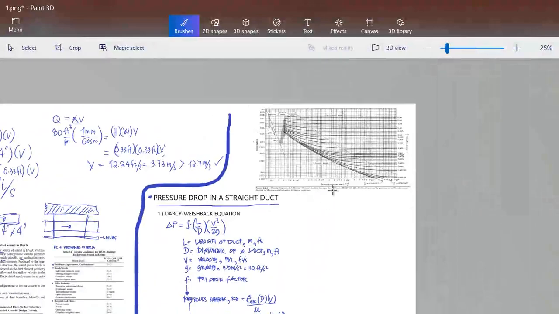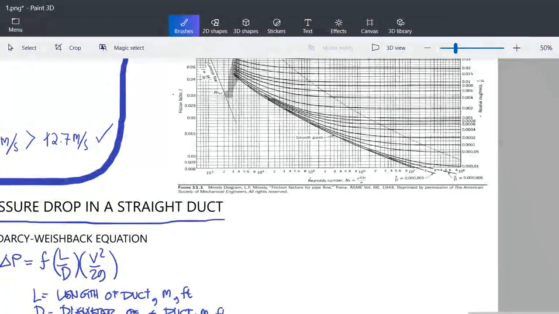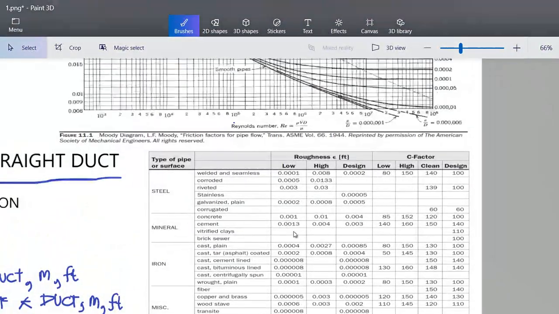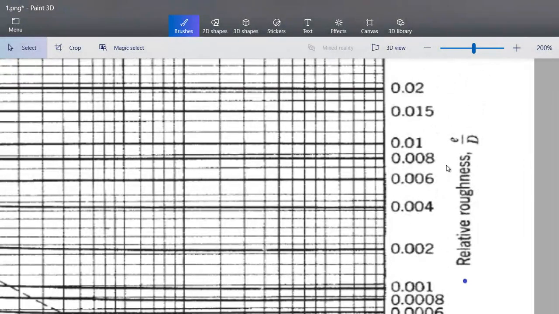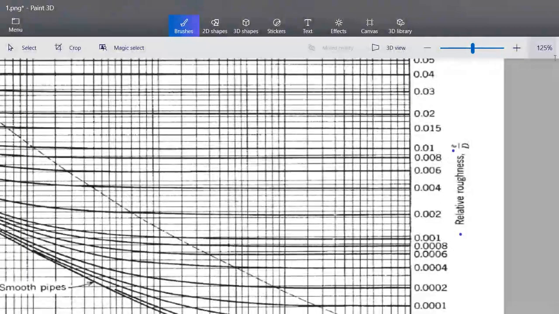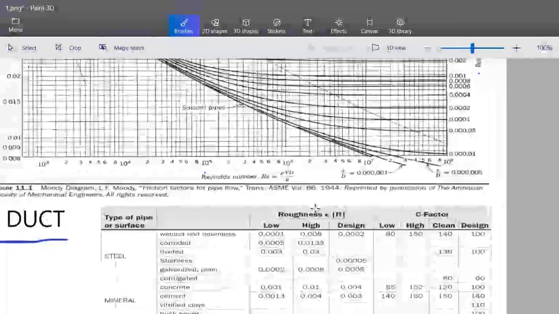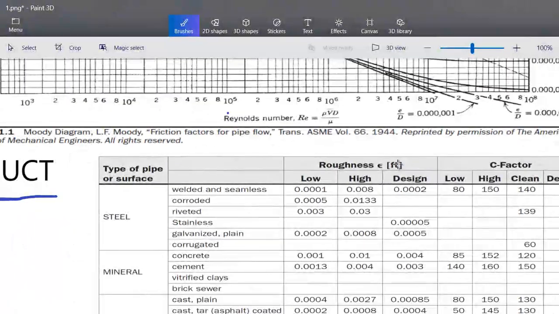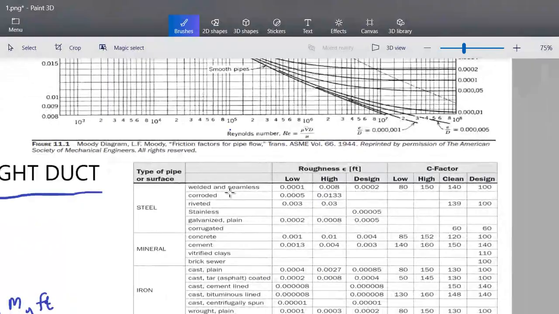Right? Now, for the value of your E, makukuha dito. So this is already in feet, okay? So you have to convert na lang.